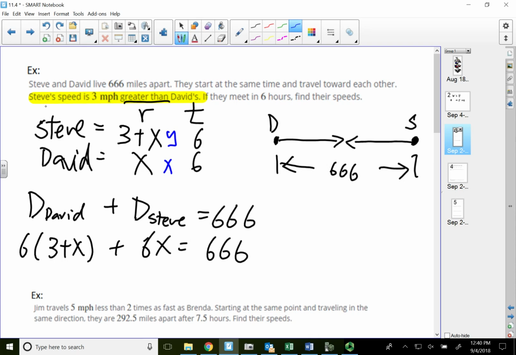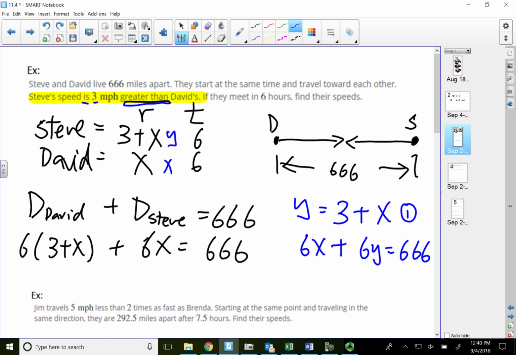So y equals 3 plus x, since greater than means plus David's, which we call x. So that's the first equation. The second equation got to be about the distance. So distance for David will be 6 times x plus the distance that Steve covered, rate times time, which is 6y, equal to 666.